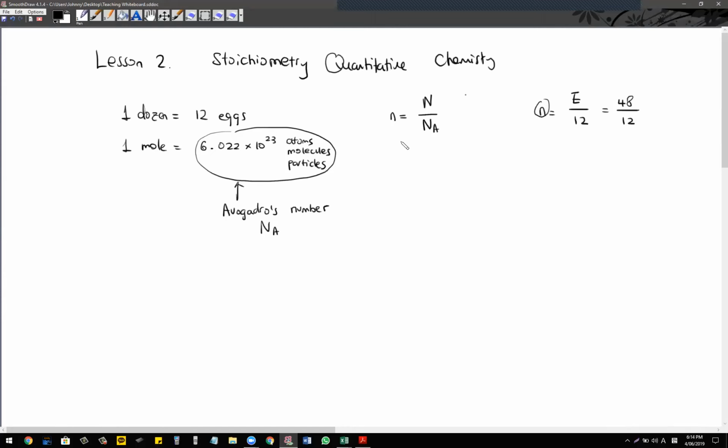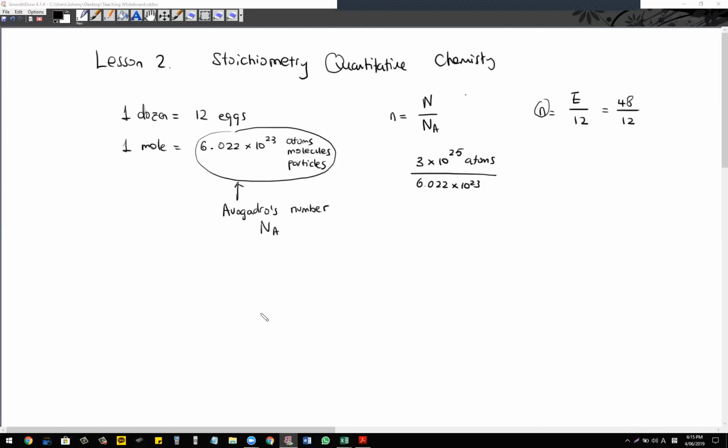So if I have, let's say, 3 times 10 to the power of 25 atoms, then how many moles of atoms do I have? Simply divide that by 6.022 times 10 to the power of 23.